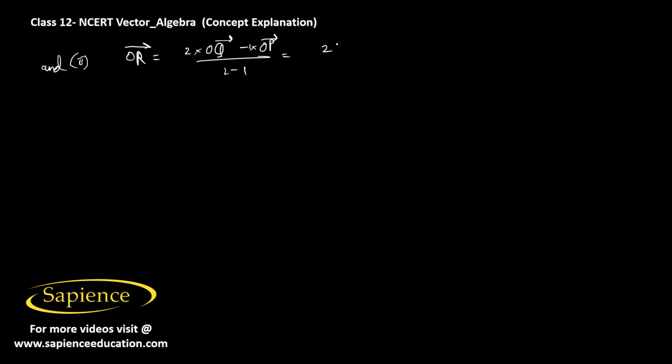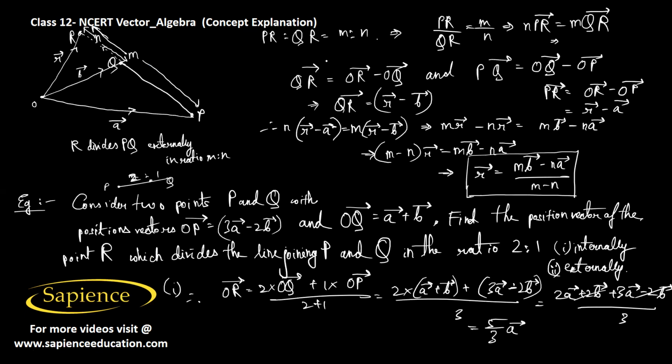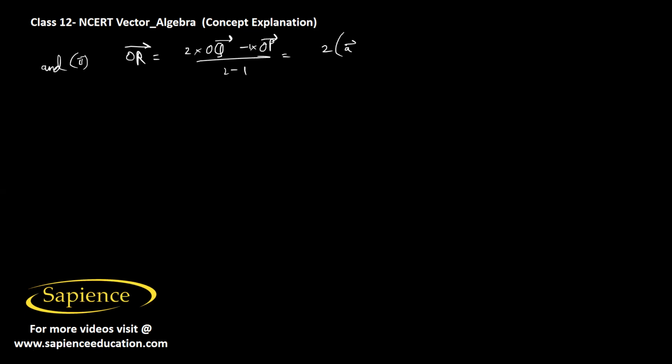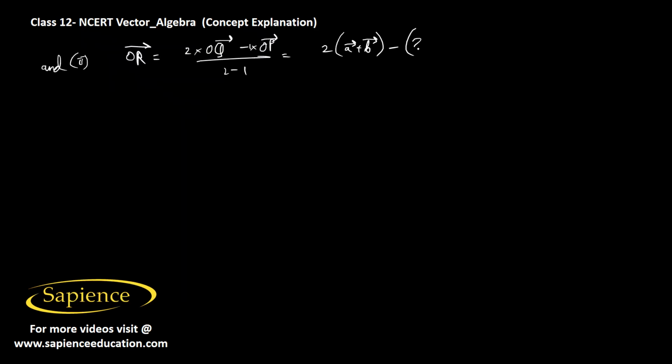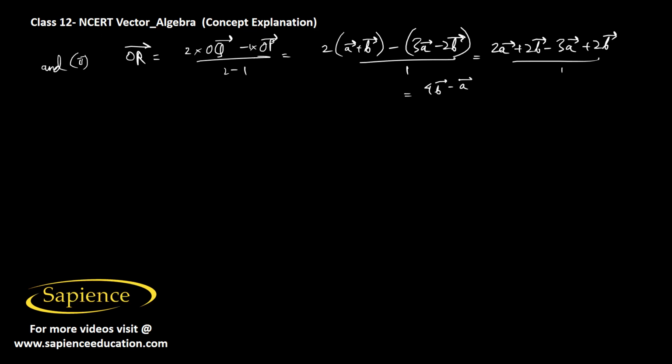So this would be equal to 2 into (A vector plus B vector) minus (3A vector minus 2B vector) divided by 1. So this will be equal to 2a vector plus 2b vector minus 3a vector plus 2b vector divided by 1. So this would be equal to 4b vector minus a vector divided by 1.